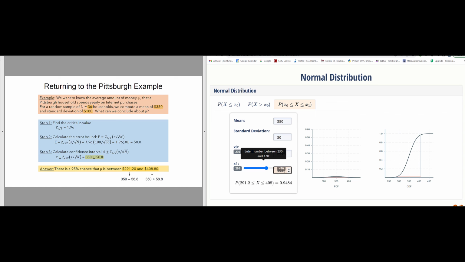And indeed, plugging those values, 350 for the mean, 30 for the standard deviation, and using our 1.96 times the standard deviation of 30, we see that there is a 95% chance, according to the central limit theorem, that the true population mean is between those two values.